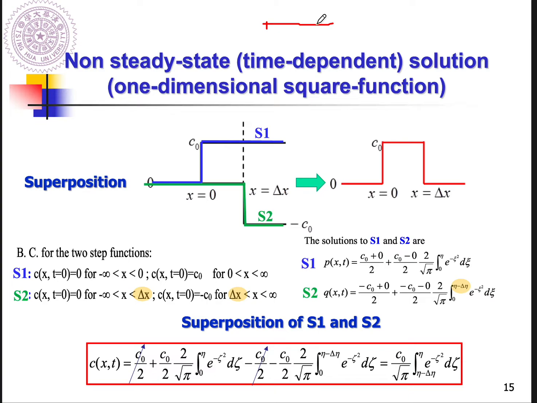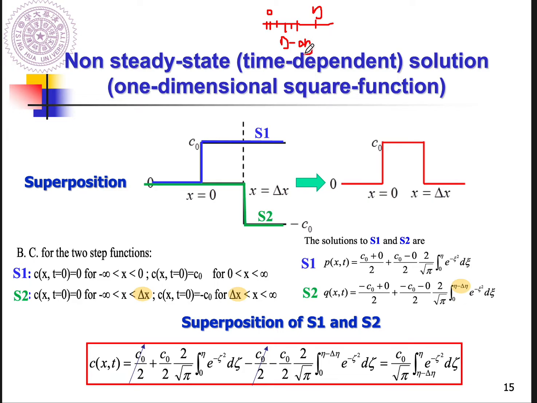The first term you integrate from 0 to iota, and you subtract a similar term with a different upper limit, iota minus delta iota.